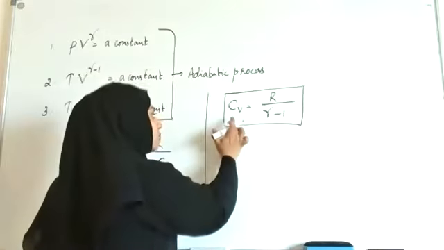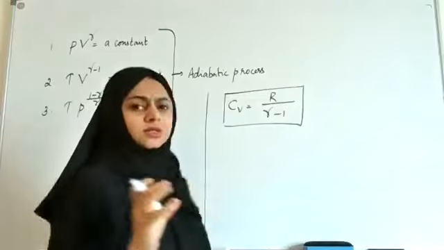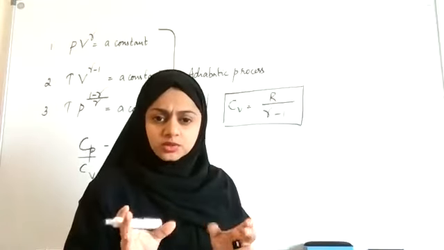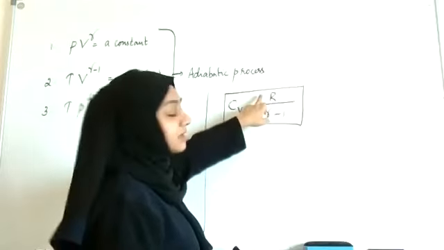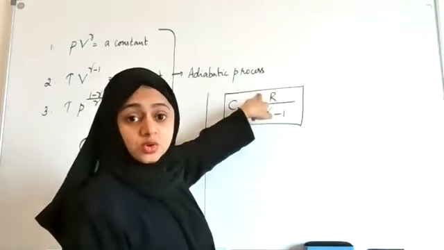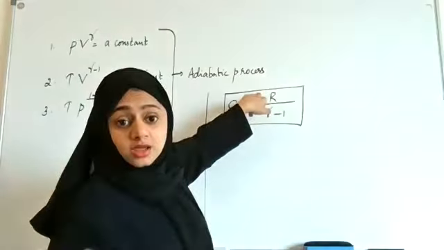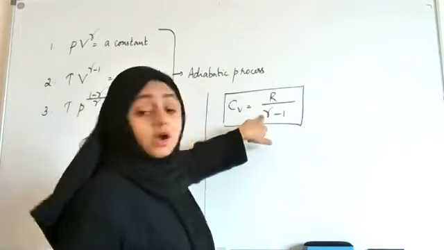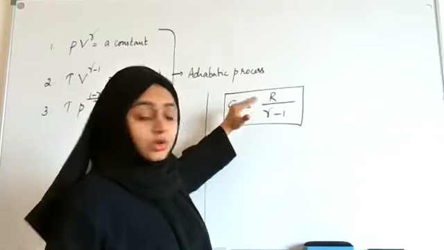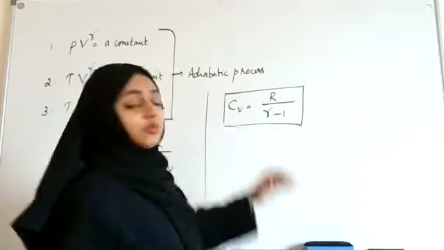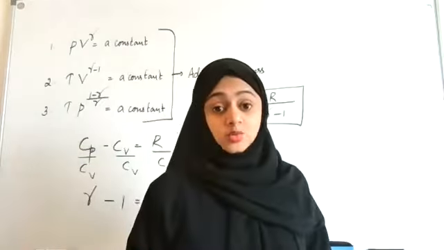So we saw that molar specific heat capacity at constant volume is an important quantity, and it depends upon constants only. See, R is a universal gas constant, and for each type of gas molecule, gamma will be a constant. So Cv is a constant. If we know Cv, we can come up with all other quantities.